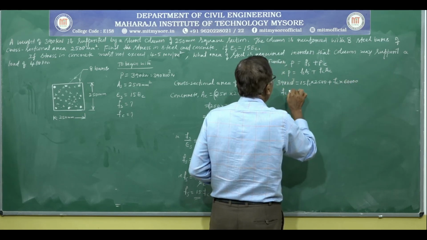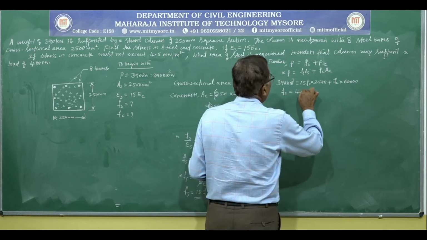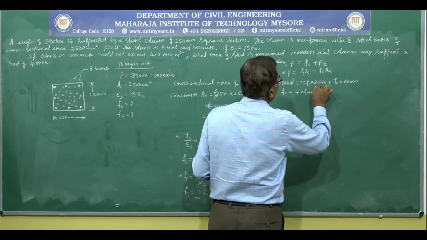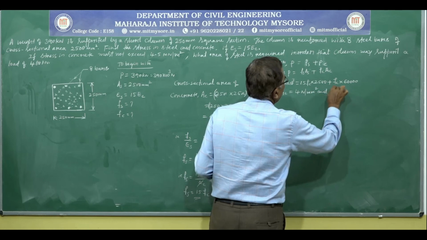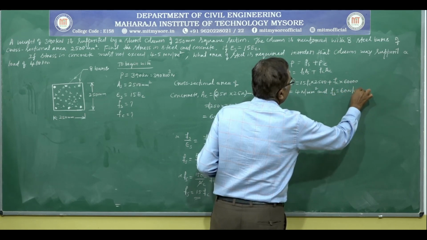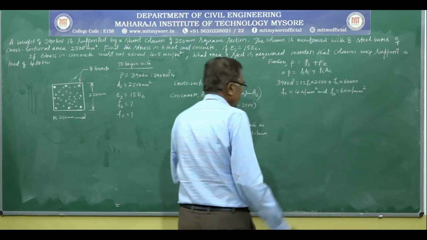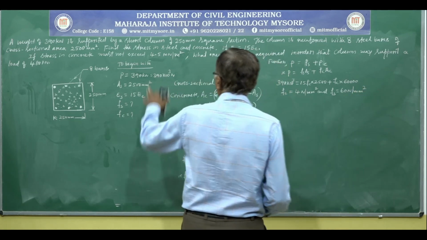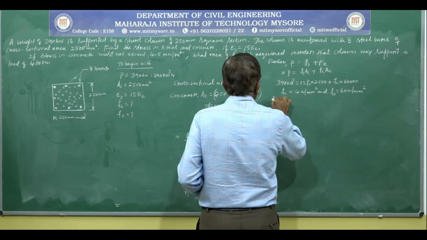Solving this, we will get Fc is equal to 4 Newton per millimeter square and Fs is equal to 60 Newton per millimeter square. This is the first stage of the problem.